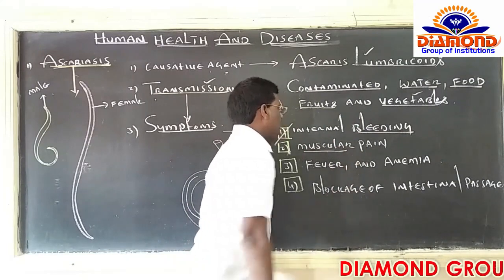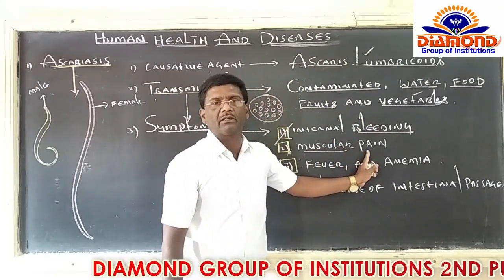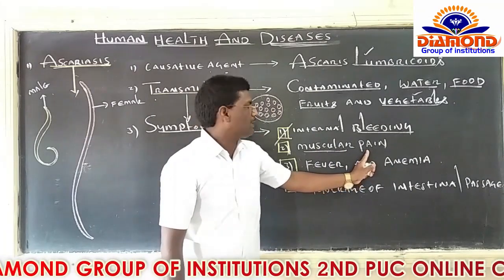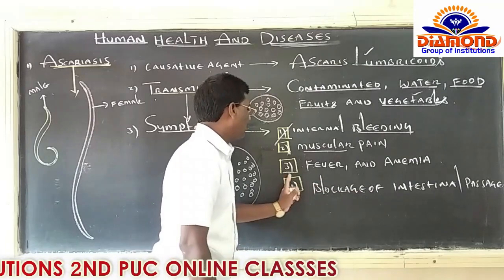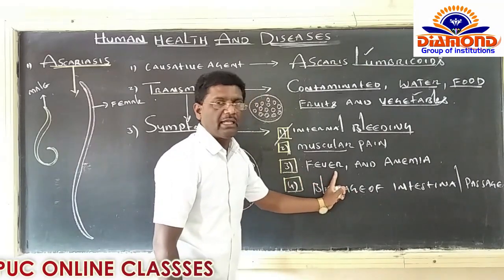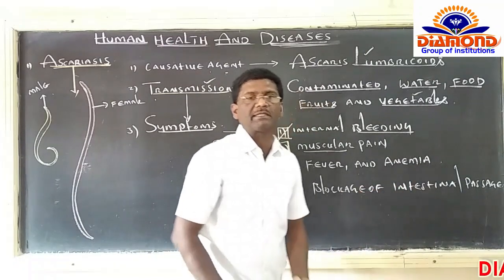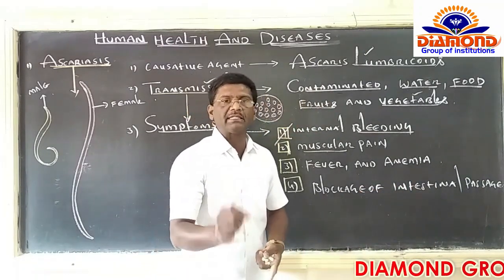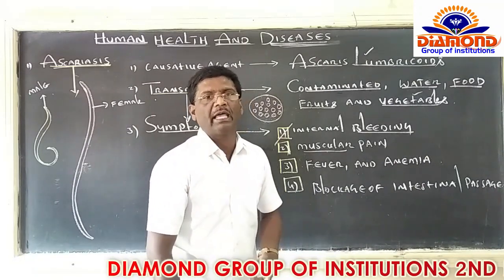Number 2, lots of muscle ache, otherwise muscle pains, are present. Top to bottom, the muscular structure is continuously paining, right? Number 3, fever is present, high fever, and finally anemia can also take place. Anemia means what? A very small amount of blood present in an organism's body is called anemia.